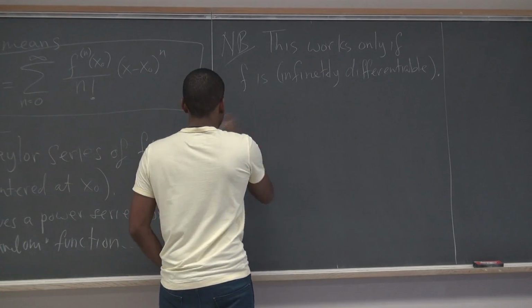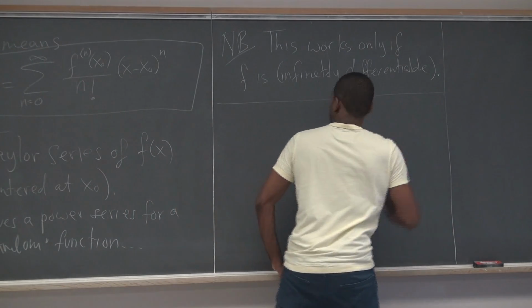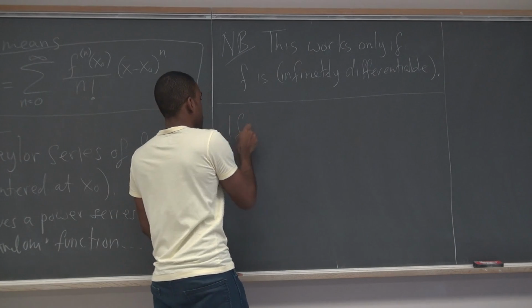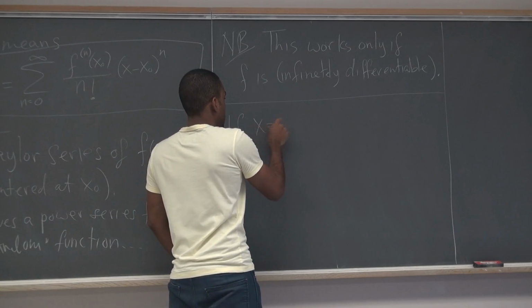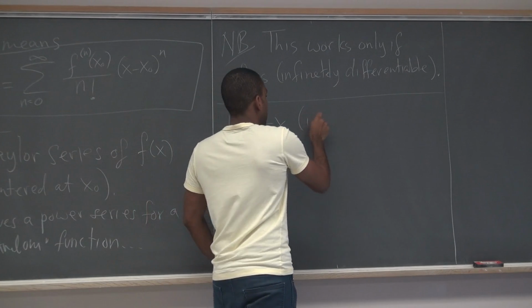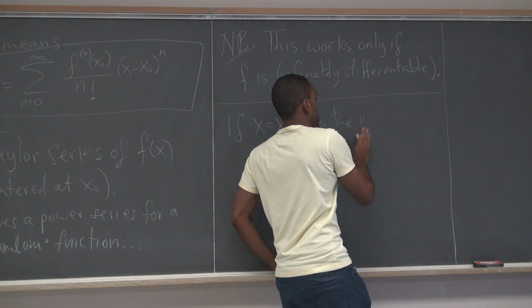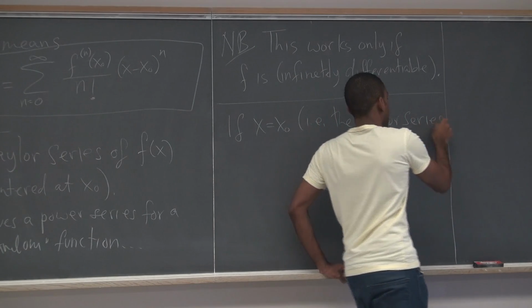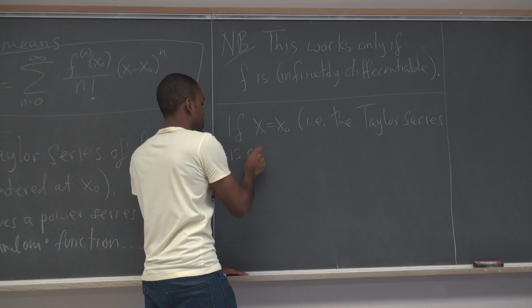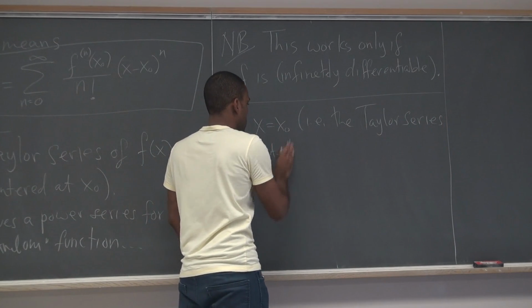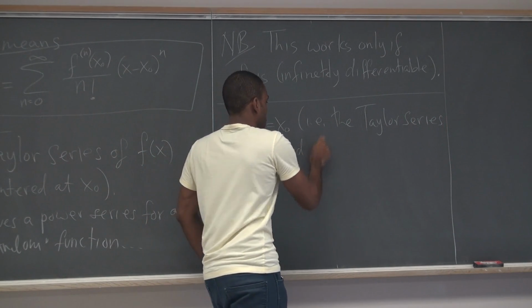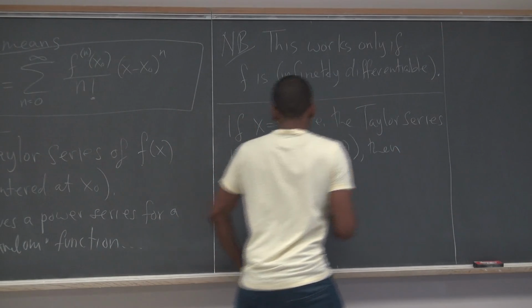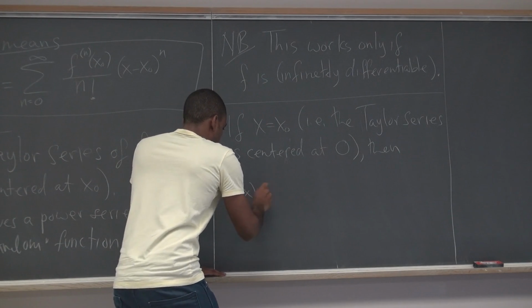Oh, by the way, let me mention one more thing. The other guy in the title: if x naught equals 0, i.e. the power series is centered at 0, then I can write f of x in this form.